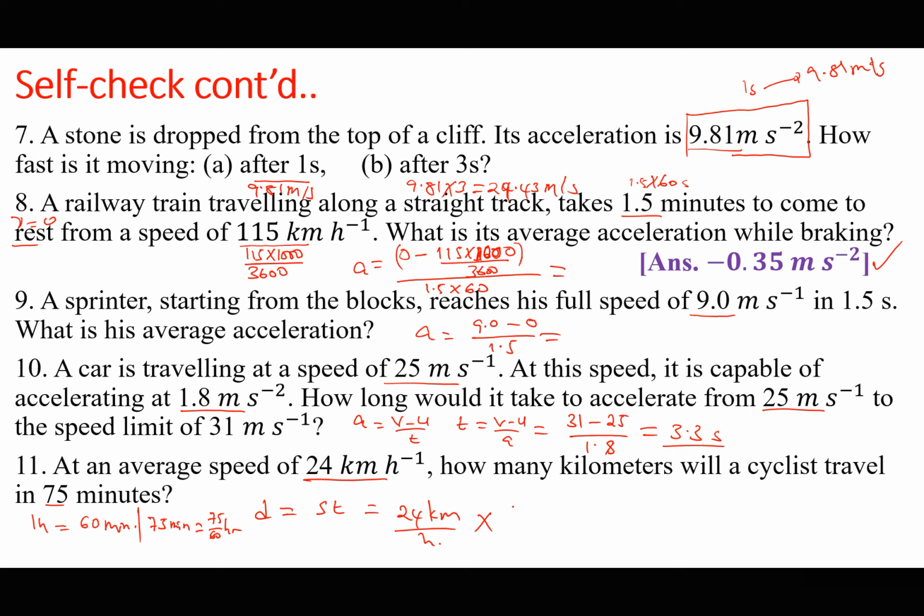So this will be times 75 over 60 hours. So the units hours have cancelled out. So I have 24 times 75 divided by 60. So this is 30 kilometers.